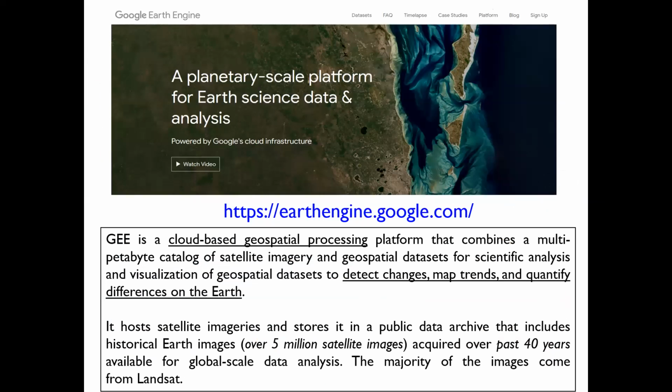Google has done a huge amount of work in earth sciences. Google Earth Engine is a cloud-based geospatial processing platform that has more than 5 million satellite images, and they are being used for numerous applications like change detection, mapping trends, identifying differences on Earth.